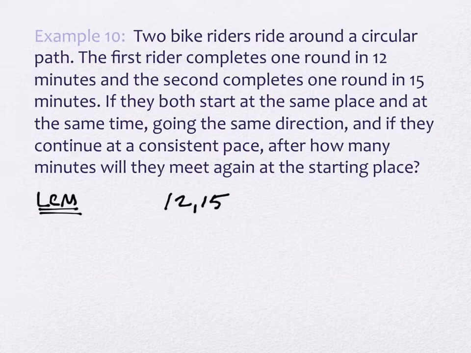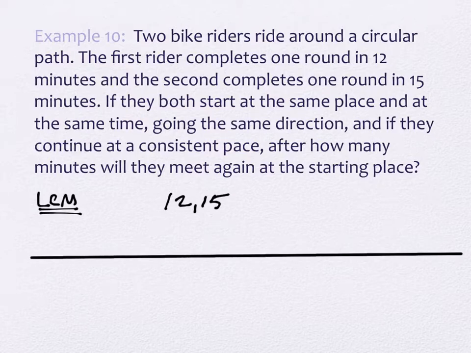So if I do 12 and 15 on a number line, let's do 12s first. So if I do 12, where would I end up next after 12? 24. It better end in 0 before I stop. Agreed on that? Okay, because otherwise it won't be divisible by 15.